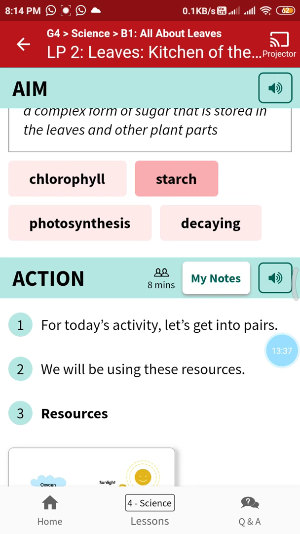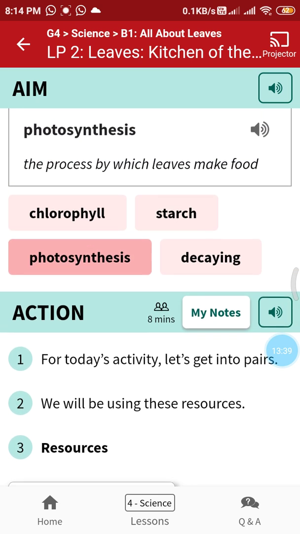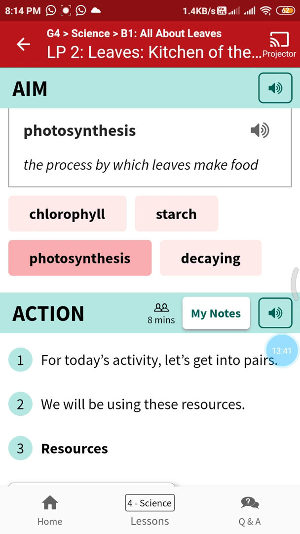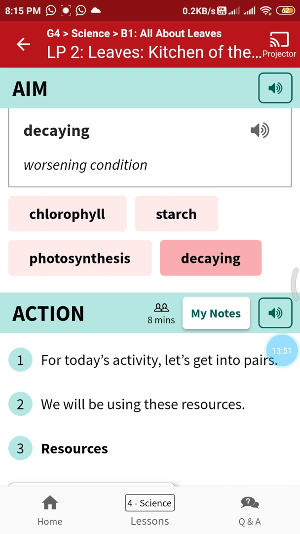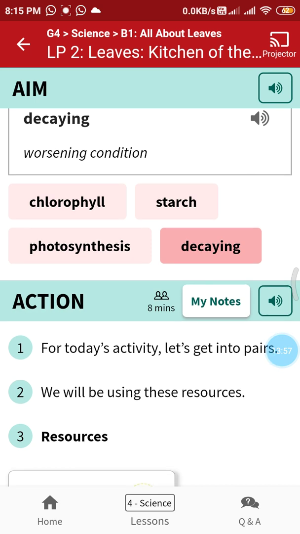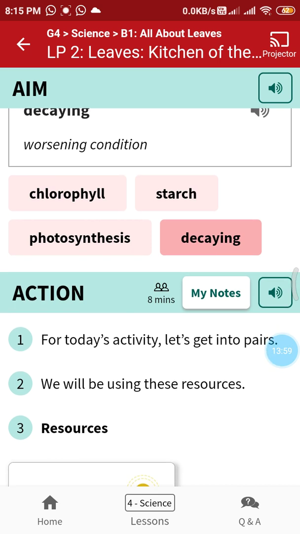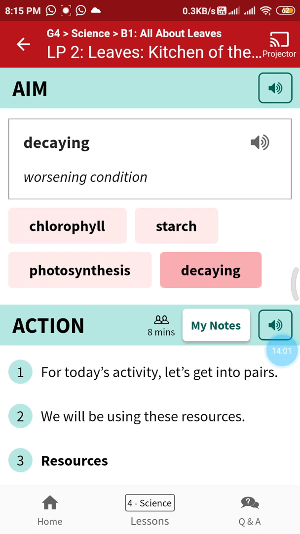Okay. Now photosynthesis means the process by which leaves make the food. The process by which the plants are making the food is known as photosynthesis. And decaying means the worsening of the condition when it goes wrong, that is called decaying, worst conditions.